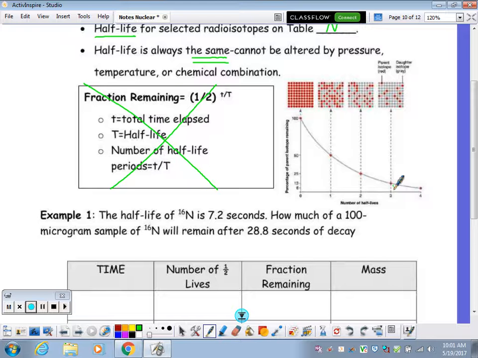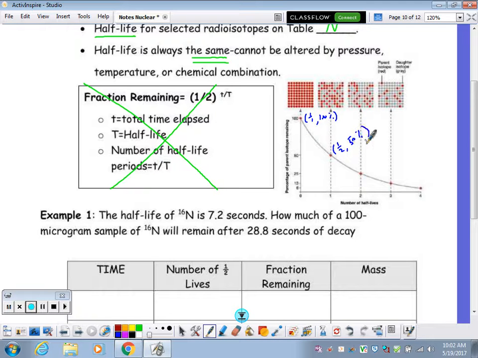So if I was to assign fractions or percentages here, the percentage of my sample that's radioactive would be 1 over 1, or 100%. At the end of my first cycle, now only 1/2 of my original sample remains radioactive, or 50%.